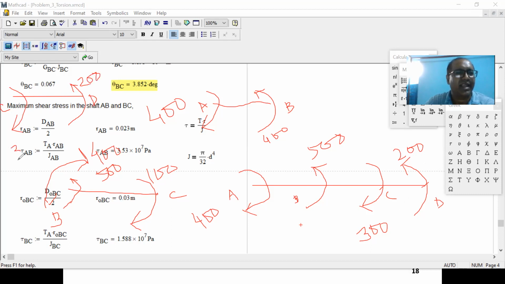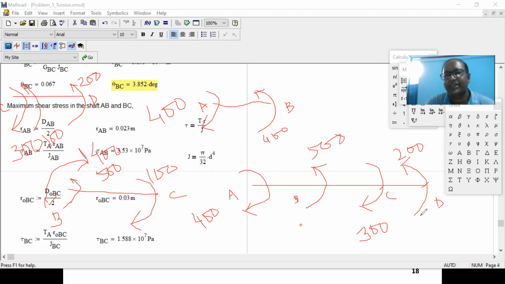This 300 is an applied load, you cannot change it. Now this one is clockwise, so obviously you put this as anti-clockwise 100. So 300 minus 100, 200. So it matches.